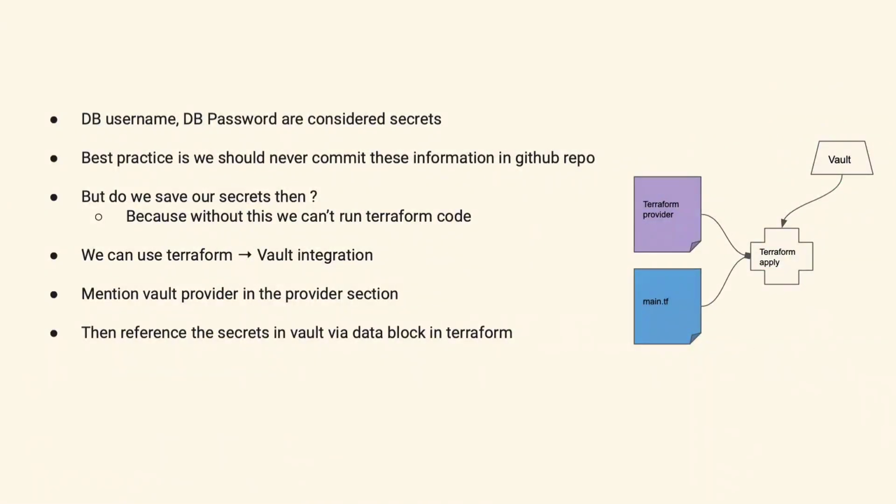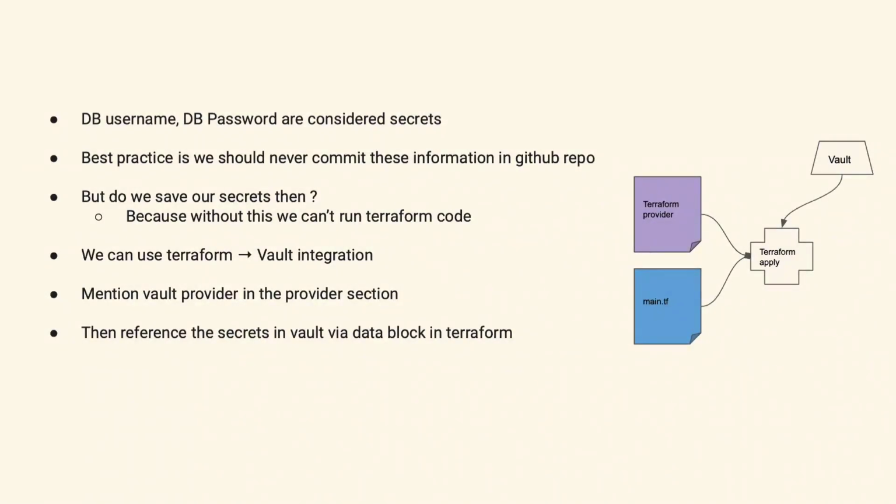So how do we answer this question? To make sure that we don't commit the DB username and DB password into the GitHub repository as part of our Terraform code, we can integrate Terraform with HashiCorp Vault. We have a provider for this, so we can mention the Vault provider in our Terraform provider section.